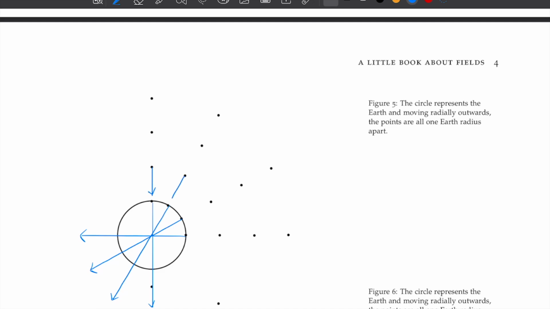They look roughly like this. Okay. I've got the direction pointing towards the center of the Earth, and I've got a correct magnitude. If we're 3 Earth radii away, then G is roughly 1, which is only half a centimeter. So they're really short now.